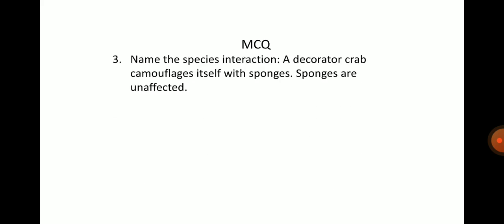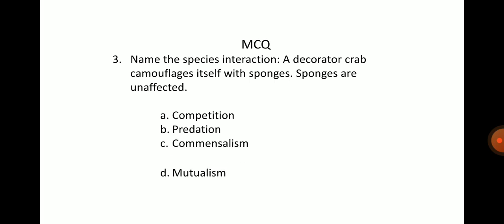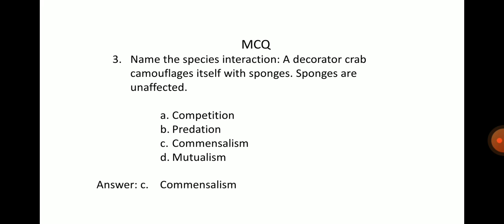Name the species interaction where a decorator crab camouflages itself with sponges. Sponges are unaffected. The options are A, competition, B, predation, C, commensalism, and D is mutualism. So the answer is option C, which is commensalism.